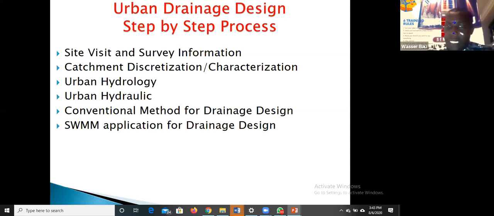I'm not too sure, I wasn't part of it, but from what I've seen so far, in Abuja they assume that only 50% of the storm events will generate runoff. So if you build or do something and you don't conform to that standard, you are introducing excess shock into the urban drainage system.